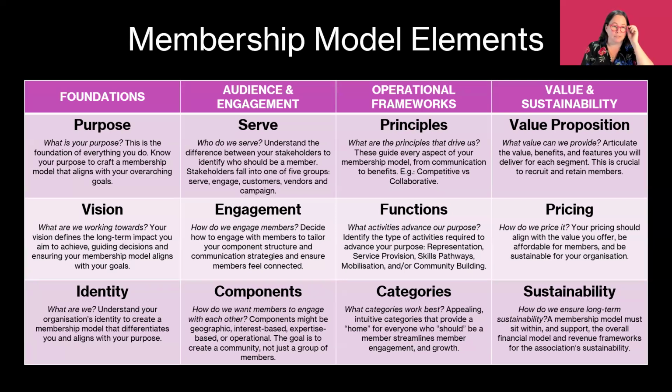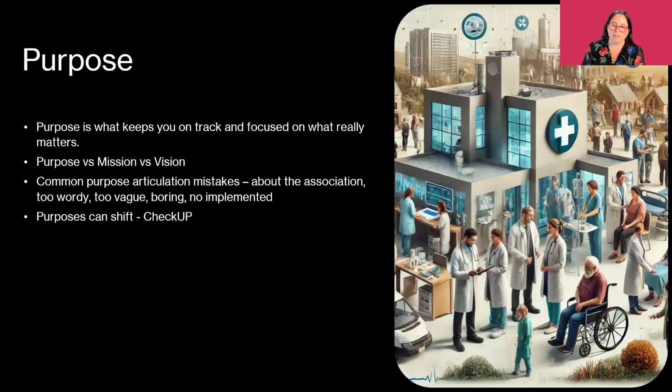So you can see I've divided them into 4 sections: the foundational elements, your audience and who you're engaging with, your operational frameworks, and the value and sustainability. But for the purpose of this, we're just going to go through each of them in what I consider to be a logical order. So let's start with purpose.